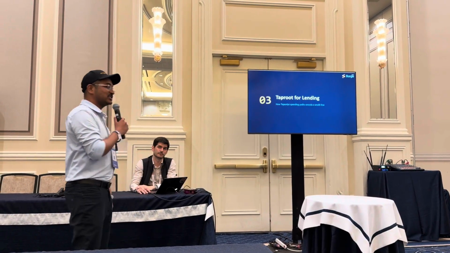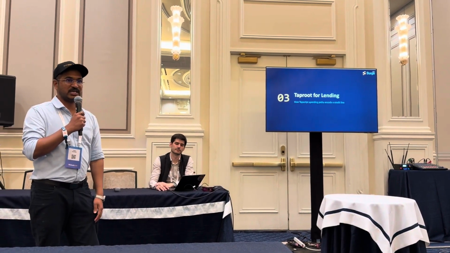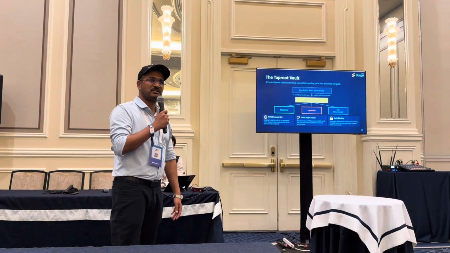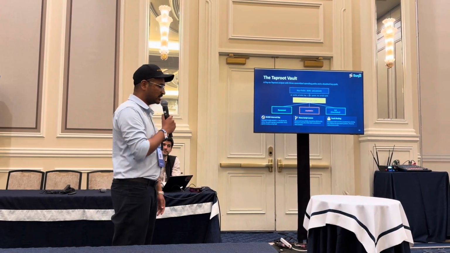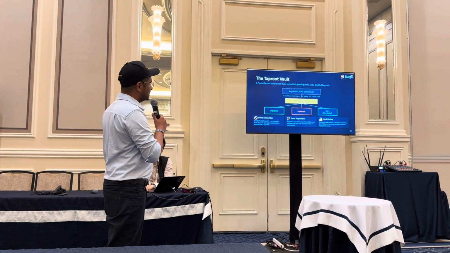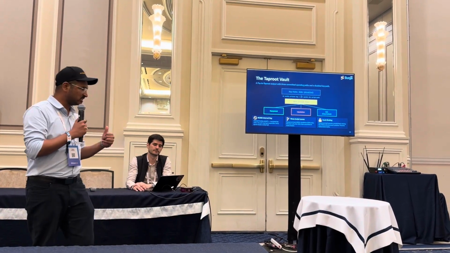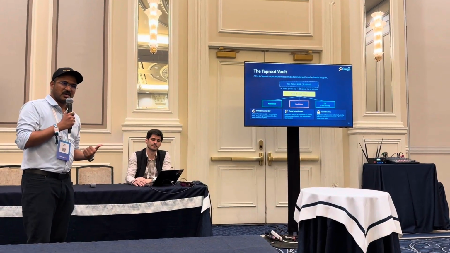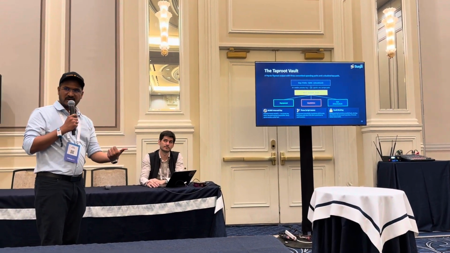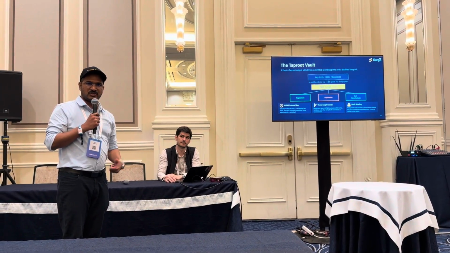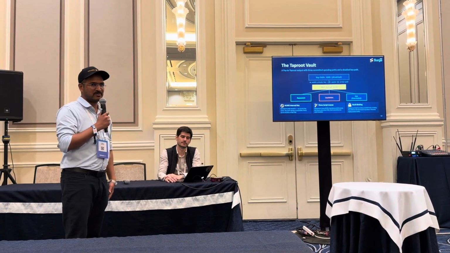So how are we doing this with Taproot in the lending use case? This is how we are leveraging the tree. There are primarily three things. Actually, there are only two things. One is your repayment. You repay your loan, or the credit in our case, so you're able to get your Bitcoin back. That's a very important one, which is the repayment.